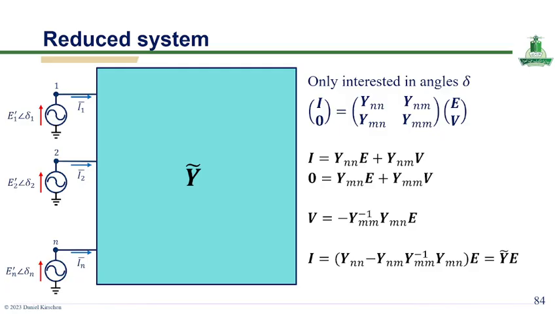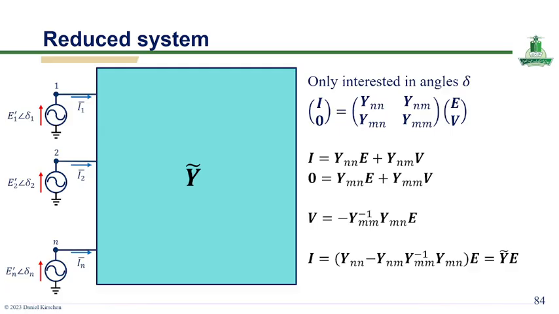So this is depending on the delta. This reduction simplifies the system while retaining the essential electrical interactions among generators. The derivation begins from the admittance matrix equations where the voltages at non-generator buses are expressed as functions of the generator internal voltages.